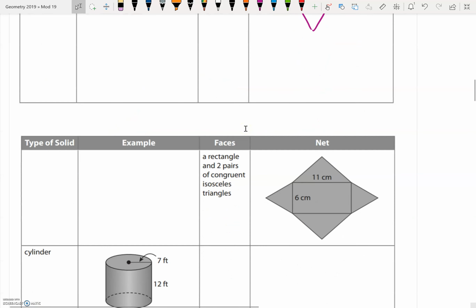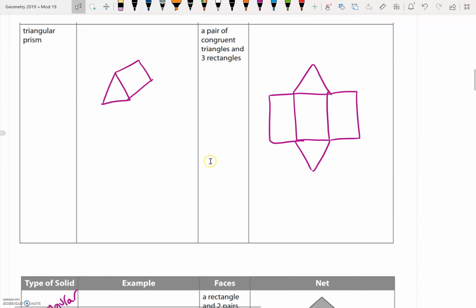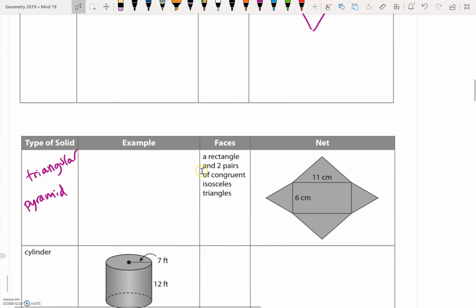Then we've got our triangular pyramid. Let's go ahead and draw a base, a little point, and then just connect all of your corners to that point.